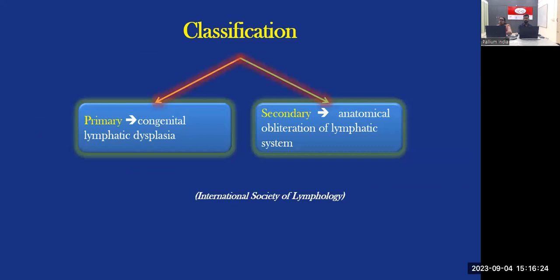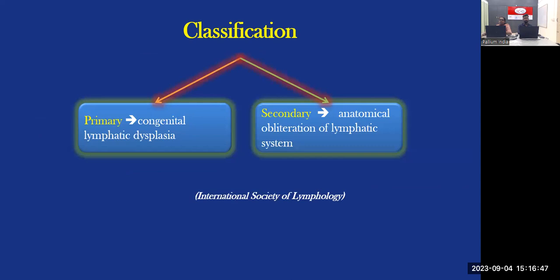There are two major classifications, primary and secondary. Primary is congenital lymphatic dysplasia, because from birth itself there is a malformation; that comes under primary lymphedema. Secondary lymphedema is anatomical obliteration of the lymphatic system.